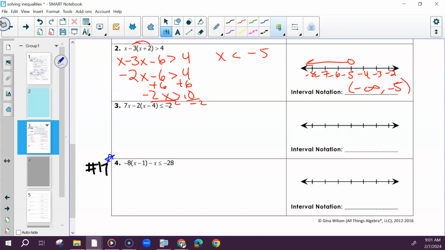Number 3, go ahead and distribute, start solving that. Be careful with your negatives.